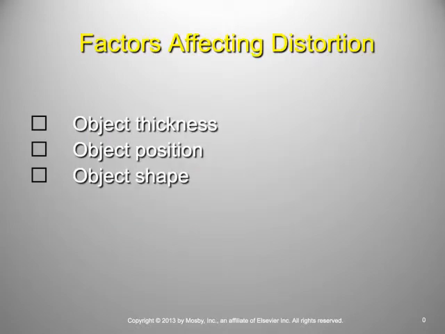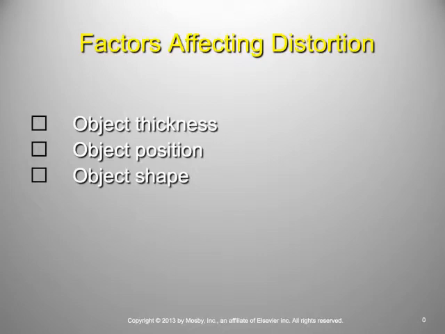So some of the things that affect distortion is the thickness of the object itself, right? It's going to play a part in whether or not it's distorted on our image receptor. Again, like I mentioned, the way that the thing was positioned as well as the object's shape. There are some objects that are just difficult to image without there being some distortion on it, right?